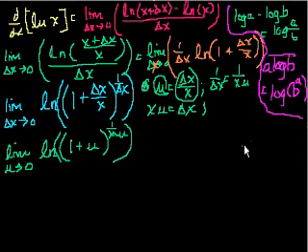And we know this is an exponent property, which I'll now do in a different color. We know that a to the bc is equal to a to the b to the c power.